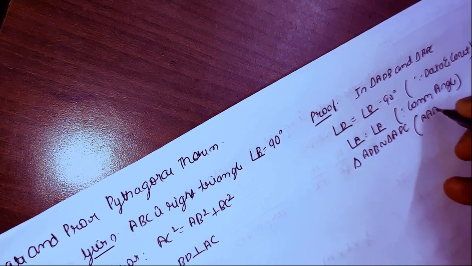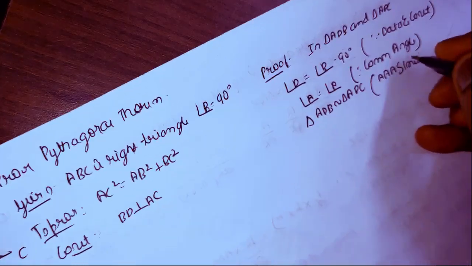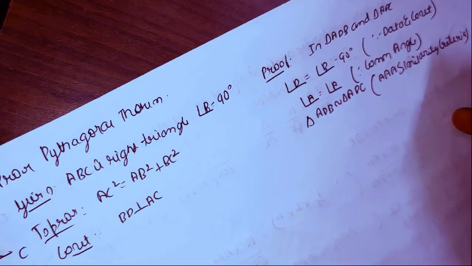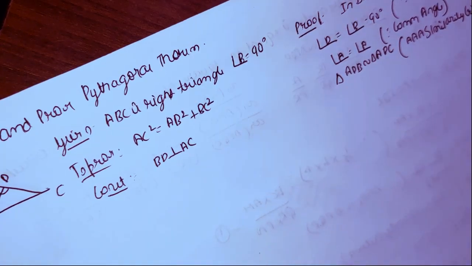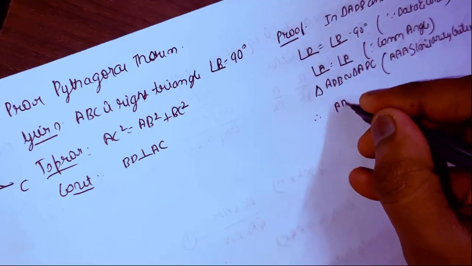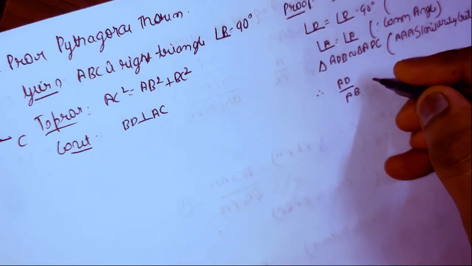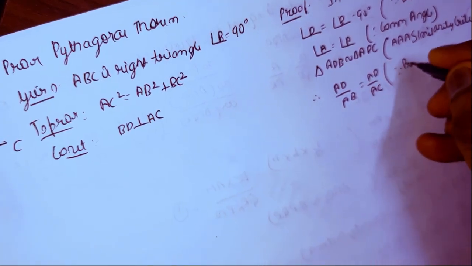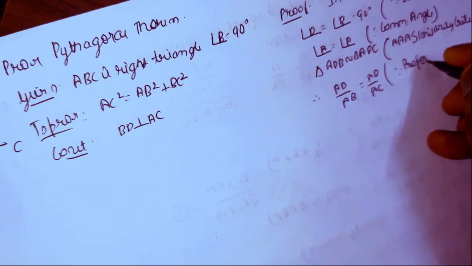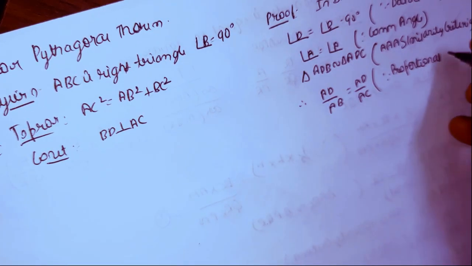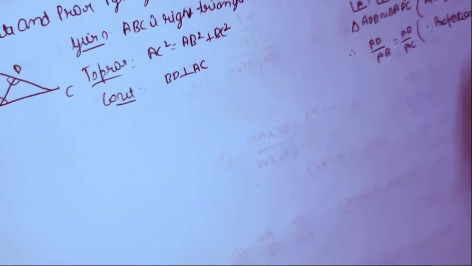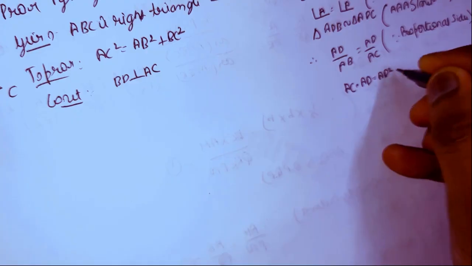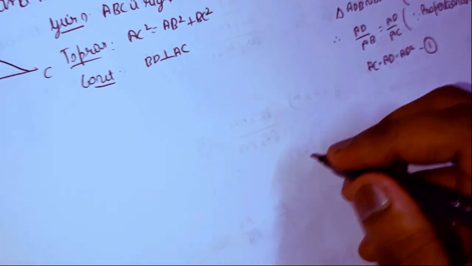This is by angle similarity criteria. This becomes AD by AB is equal to AB by AC. This is by proportion of sides. So that gives AC into AD is equal to AB square. Consider this as the first equation.